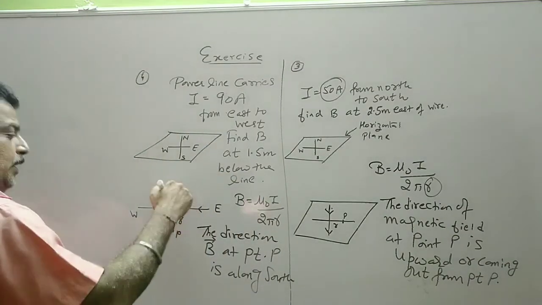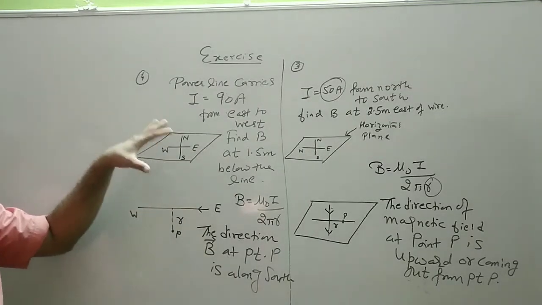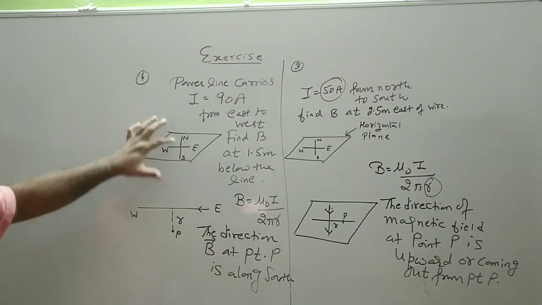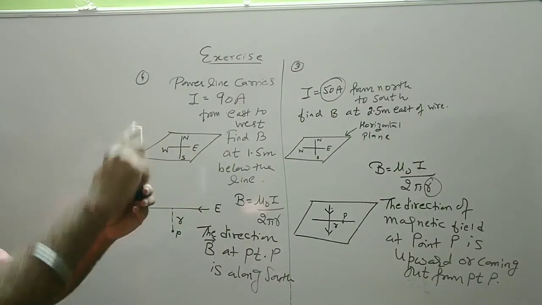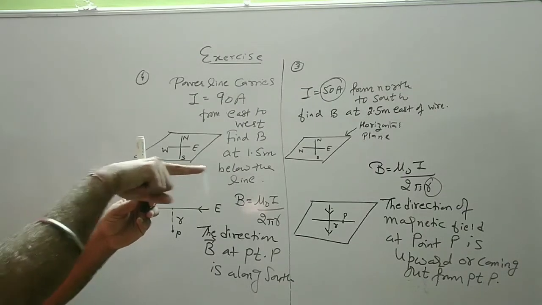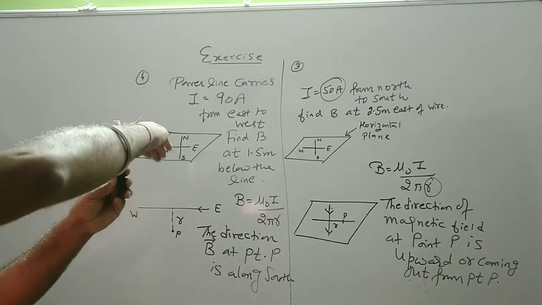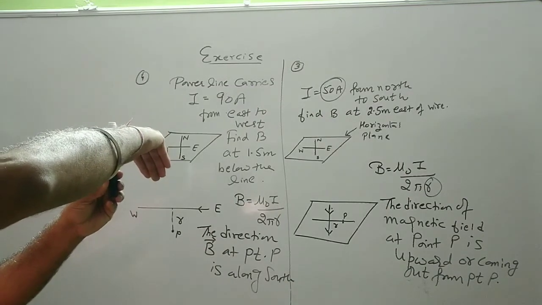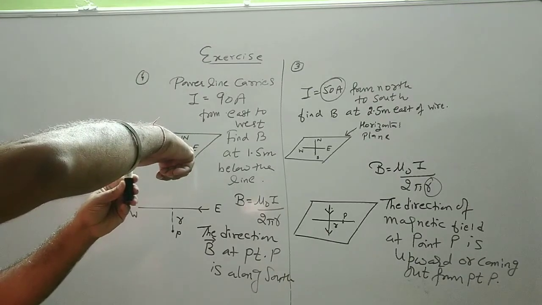So this diagram or this plane is taken as horizontal. So if I take this as north-south and this as east-west, current is flowing like this. Again point P is below, so I apply the law like this.